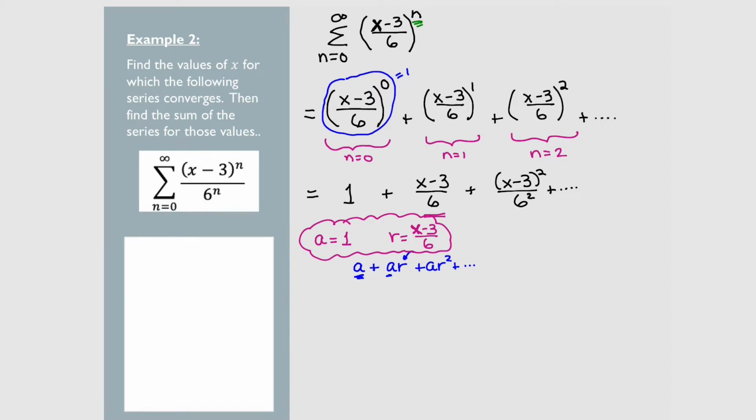All right, well, we're doing good so far. And our next step now is to figure out when this series will converge. So my geometric series converges when the absolute value of r is less than 1. And so let's play that out a little bit. My r value is (x minus 3)/6.